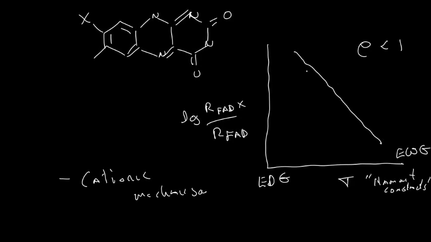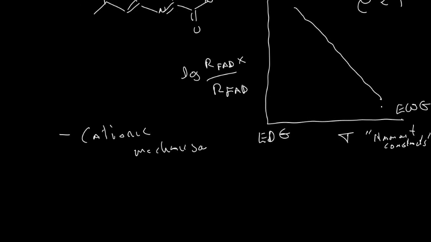As a result, you would expect a plot like this, in which a cationic mechanism is in operation. That's some of the evidence that supports this particular nucleophilic mechanism in this case.